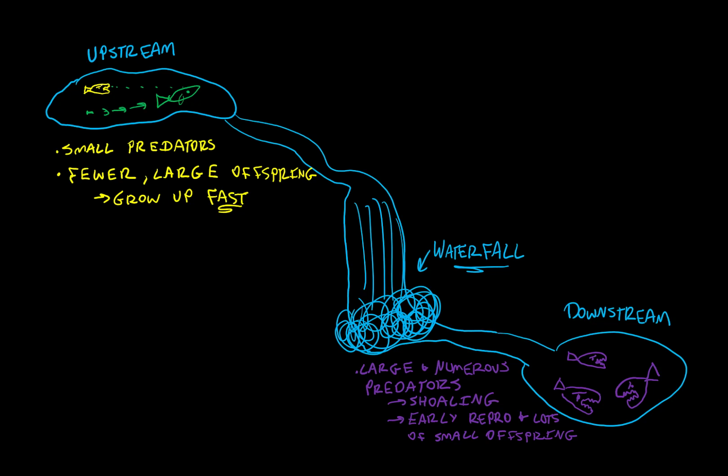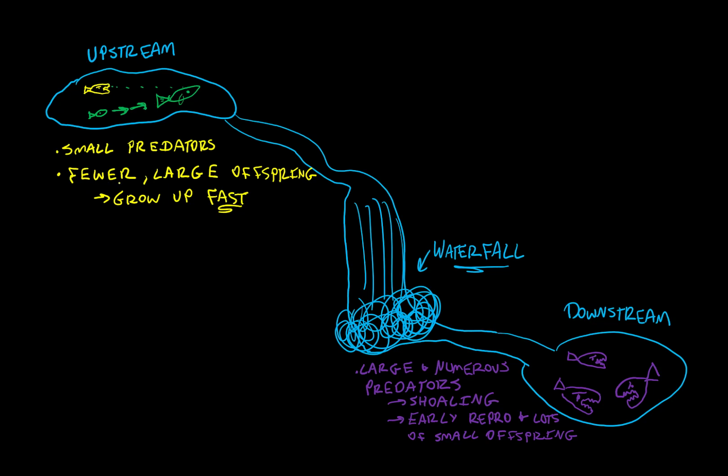Okay? So if you're already born fairly large, you've accomplished the first couple of steps of your growth already. So if you're born already about this size, it's not going to take very many more growth stages for you to get to a size where you're big enough to avoid being eaten by the predators that are around. It makes sense for offspring to be born larger and then to grow up fast. Size is your best defense against a small predator.